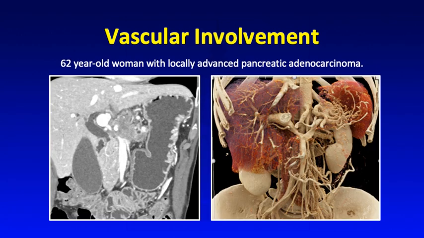Or this example here of another locally advanced pancreatic adenocarcinoma, we can see how it's encasing the distal celiac artery and the portal SMV confluence. And when we look at the vascular map, we can see how it narrows the distal SMV and common hepatic artery, and how it's encasing and stretching and narrowing the portal SMV confluence.